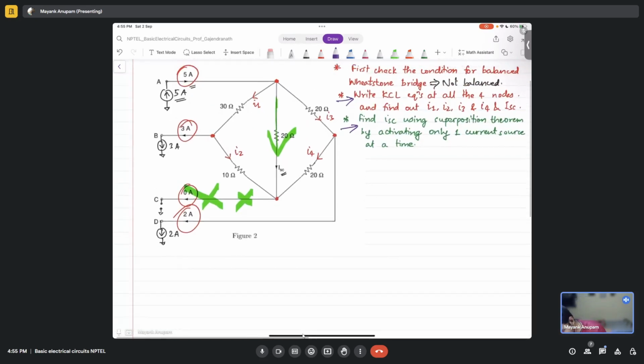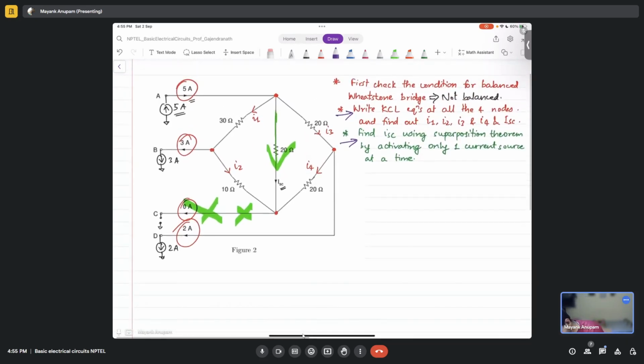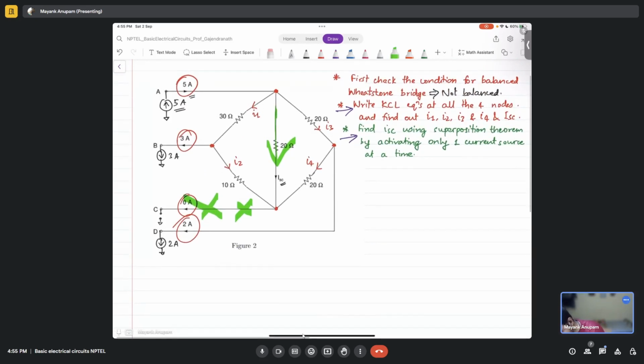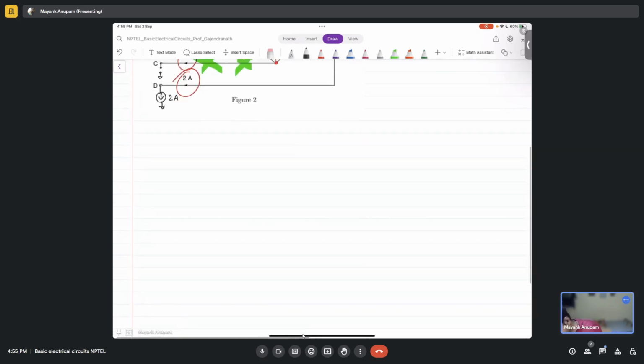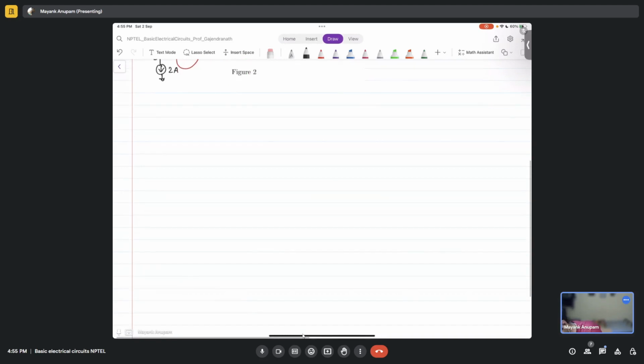Okay, so let's assume. So we know that now. If you look at this network here, so let me redraw the circuit slightly differently. So we have this bridge. I always have trouble drawing this.